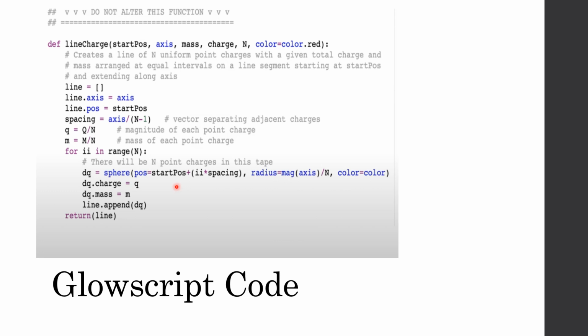The code iterates through each segment and then adds the individual electric fields together to get a net electric field for the tape. And then this code makes arrows, as you can see, to show the electric and gravitational fields, and also at the end it prints the magnitude of both of these values.